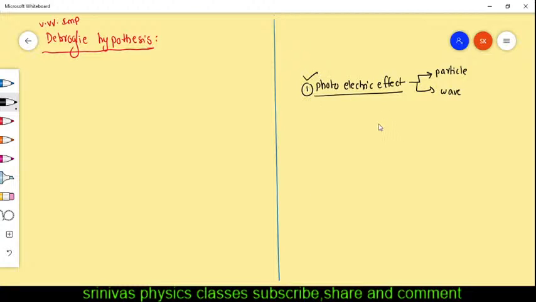Photoelectric effect means that when light falls on a metal plate, electrons are emitted. Then, do we consider the light as a particle or as a wave? This is my question. Which is correct, to explain the photoelectric effect?